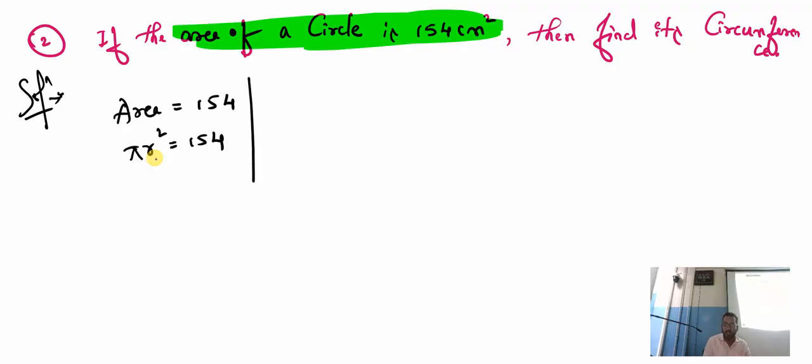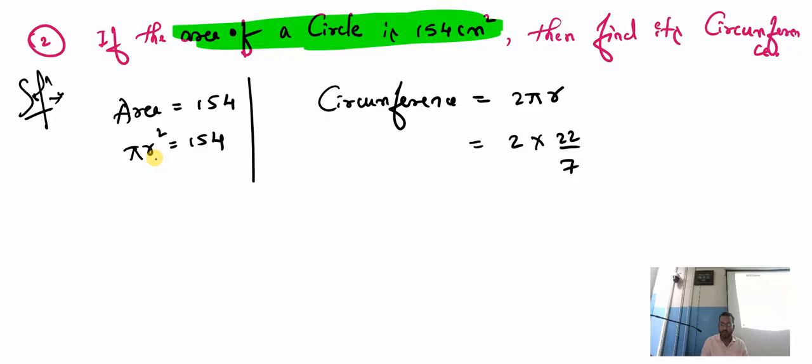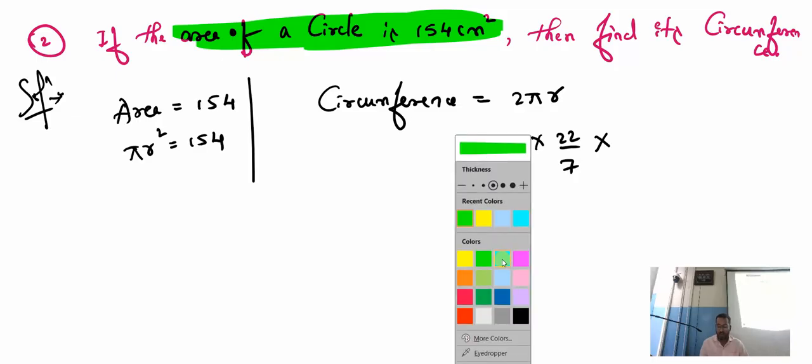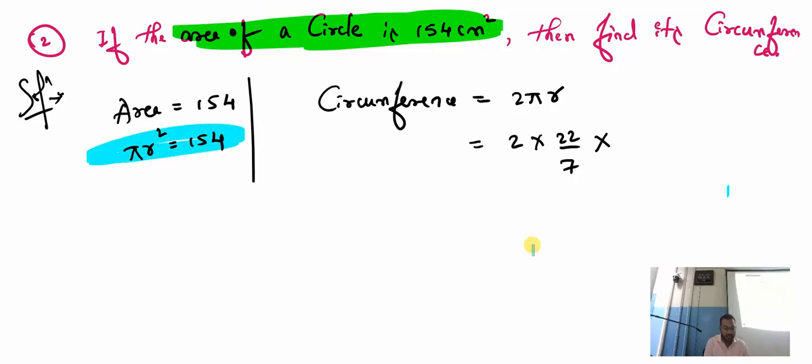Now they are asking us to calculate circumference. My dear students, we know the formula to find the circumference of a circle, that is 2 pi r. Now 2 we know, pi is 22 by 7 we know, but we don't know r. To find the value of r, they have given the hint, this area.